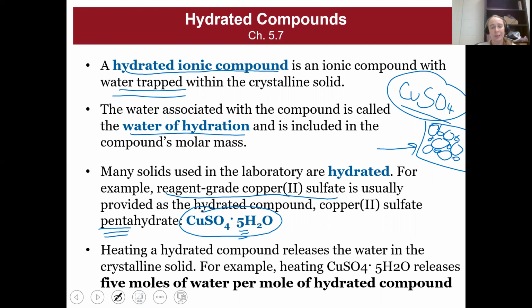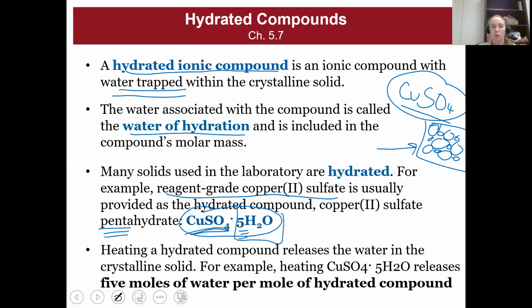So when you're calculating the molar mass of the copper sulfate pentahydrate, this is something that we'll get to in the next set of slides for Sunday. But if you were calculating the molar mass, how much 1 mole of copper sulfate pentahydrate weighed, you couldn't just use the mass of copper sulfate.